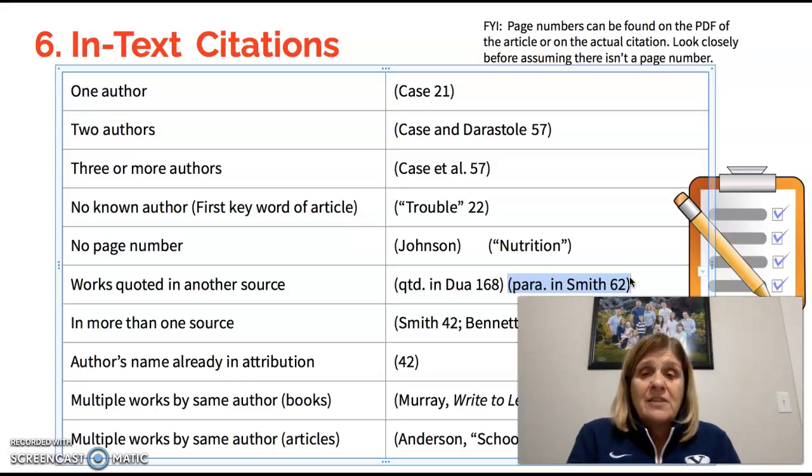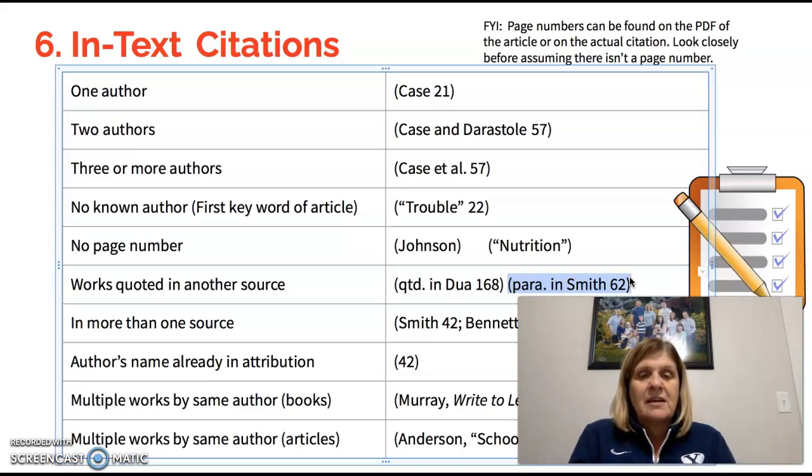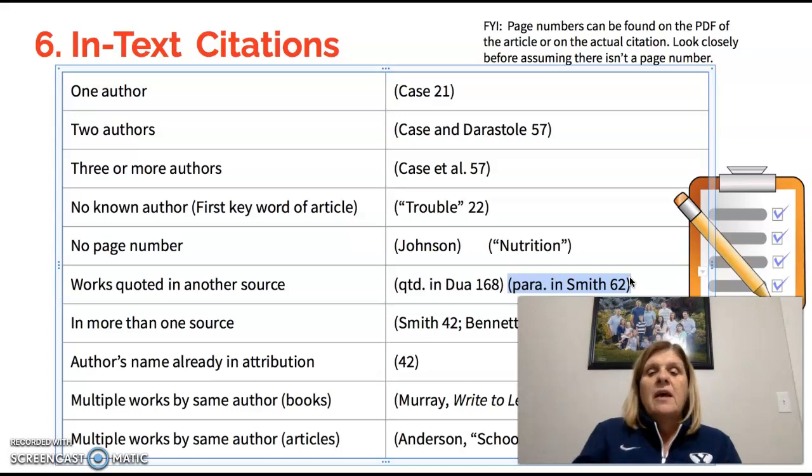So then when you get to the end, whoever said something in their original article, you put that person's name in the sentence the same way that I illustrated it with the quote. And then look at this highlighted text. You'd use the abbreviation para for paraphrased, and that Smith would be the author of your article along with the page number.